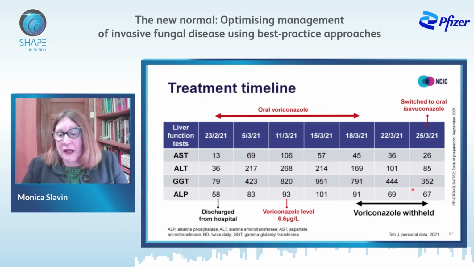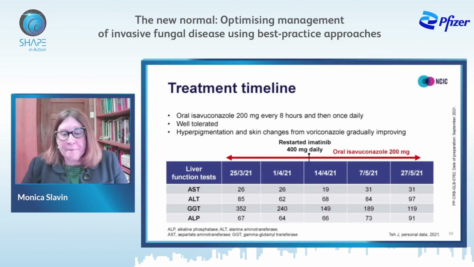And so a decision was made to switch the patient to isavuconazole because of the lack of improvement of liver function tests over time and concern about the dosing that we were able to give with voriconazole. The other issue that the patient had with voriconazole was hyperpigmentation and skin changes, which gradually improved after starting isavuconazole, as did the liver function tests.